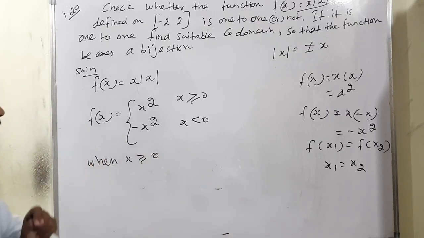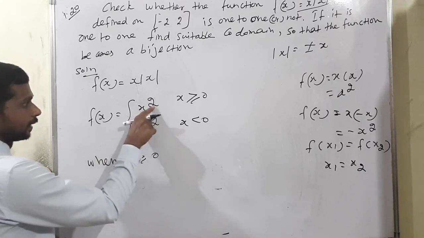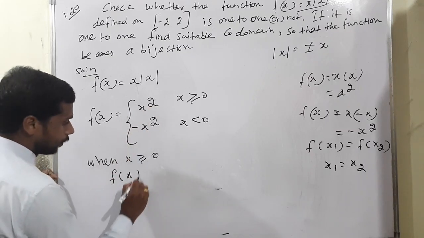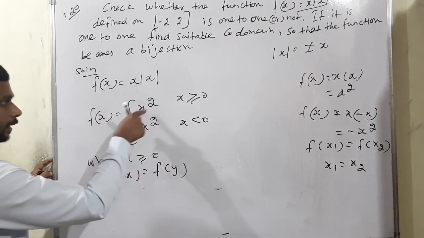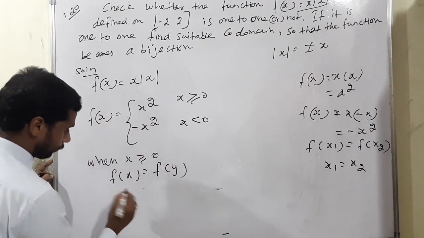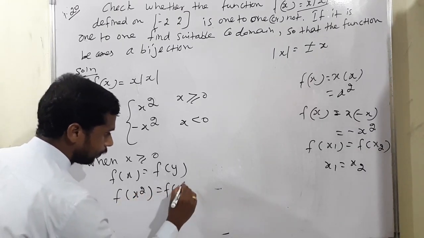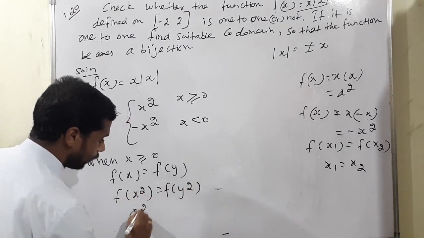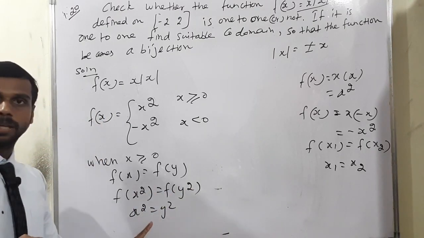So x greater than or equal to 0 means positive, isn't it? Positive means we have x square. Therefore, take f of x is equal to f of y, meaning f of x square is equal to f of y square. Therefore x square is equal to y square; if you remove the square, definitely plus or minus value.